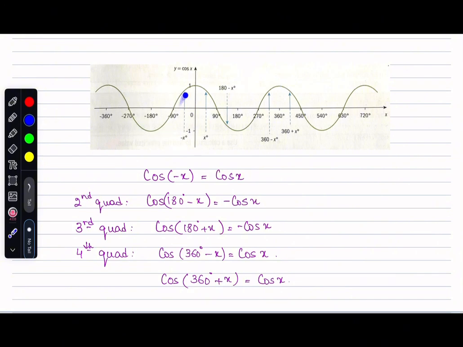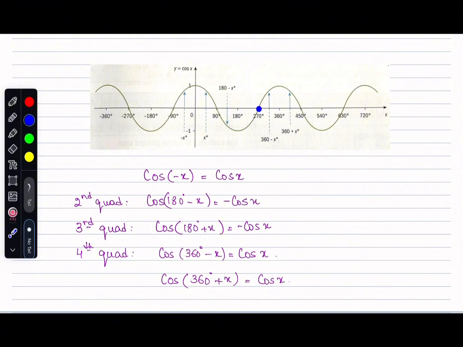So with respect to this, I can simply say that cos of minus x will be equal to cos of x. And then in the second quadrant, cos of 180 minus x equals negative cos of x. In the second quadrant, starting from 90 degrees up till 180 degrees, I can see all the y values are negative. It's just that the positive values are having the negative sign. Therefore, in the second quadrant, cos of 180 minus x will be equal to negative cos of x.